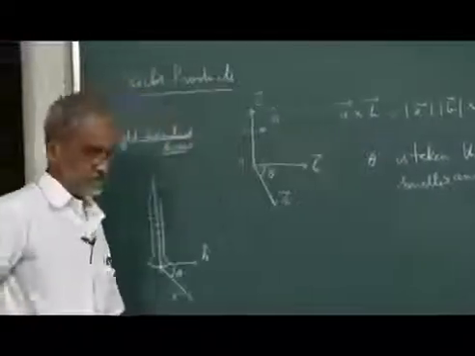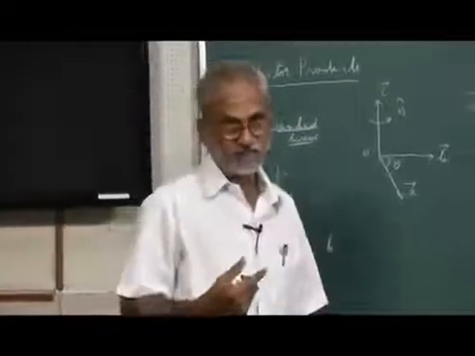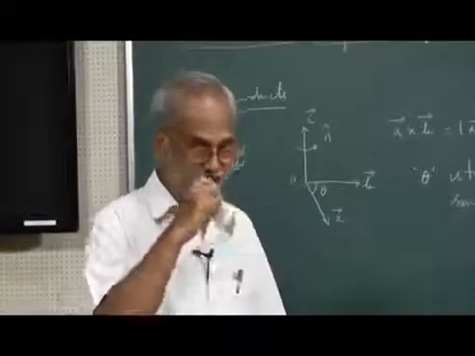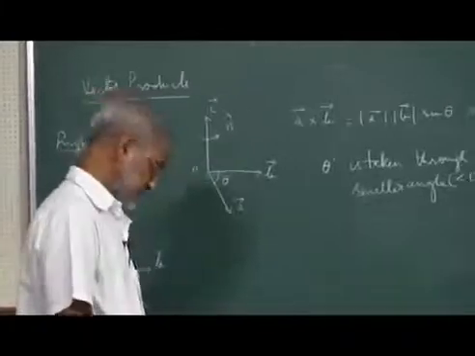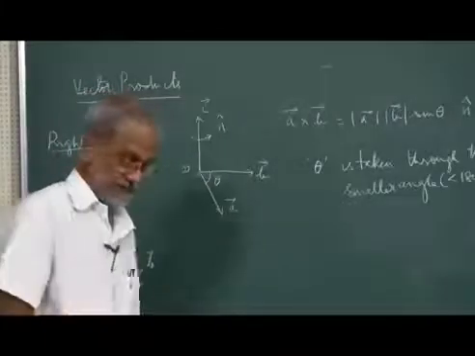So when two lines intersect, you will have two angles, one is theta and another is the opposite one. So it depends which one you take. It is always taken as the smaller angle, which is less than 180 degrees. This is the concept.